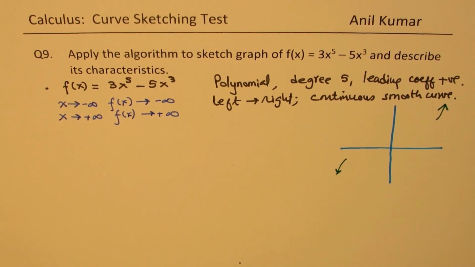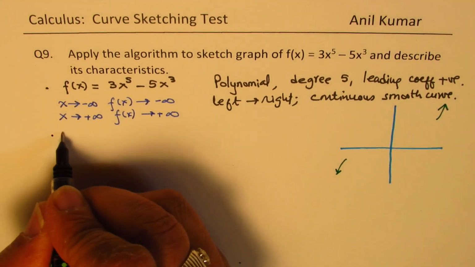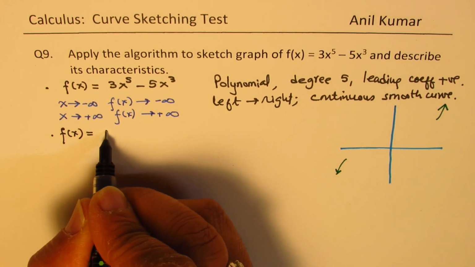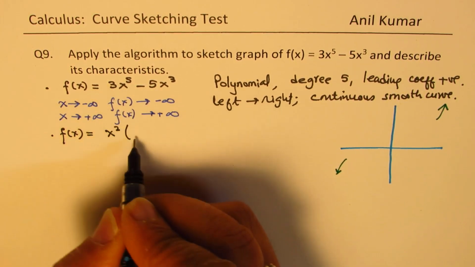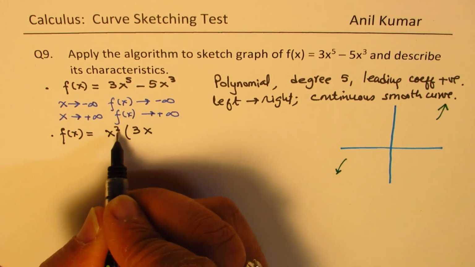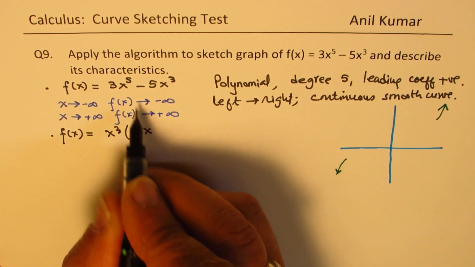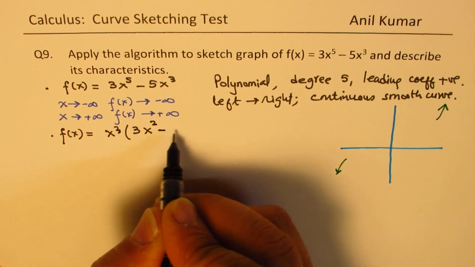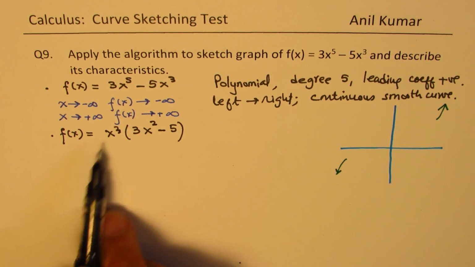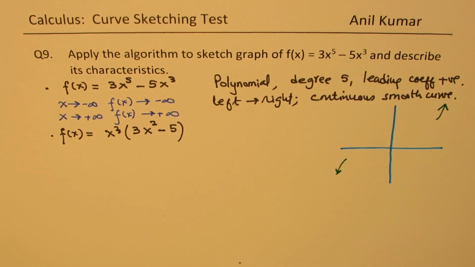Next step, we could actually factor this, right? So we could write the function f of x as equal to factoring x squared will give us 3x cube, right? x cube. So we get 3x squared minus 5. So that really means that we have now 3 zeros, right?